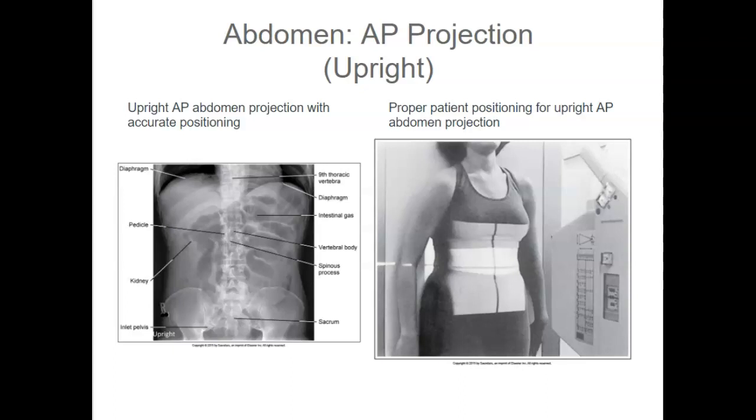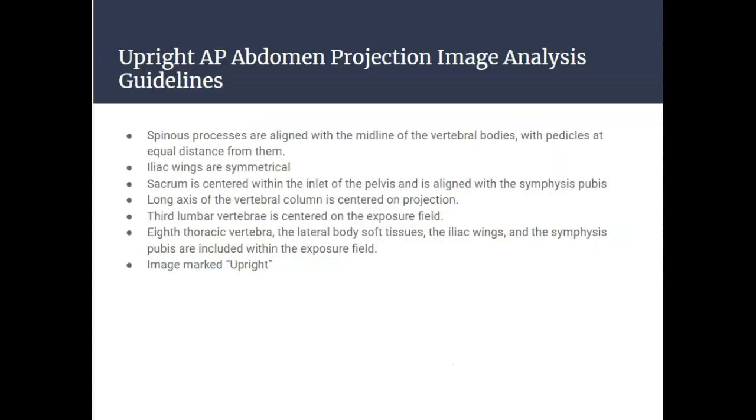You still want to visualize the pubic symphysis and on up to the diaphragm, depending on hospital protocol. Some places may not include the pubic symphysis, but make sure that you check with your department protocol. Again, the next slide contains all the image analysis guidelines for your reference.